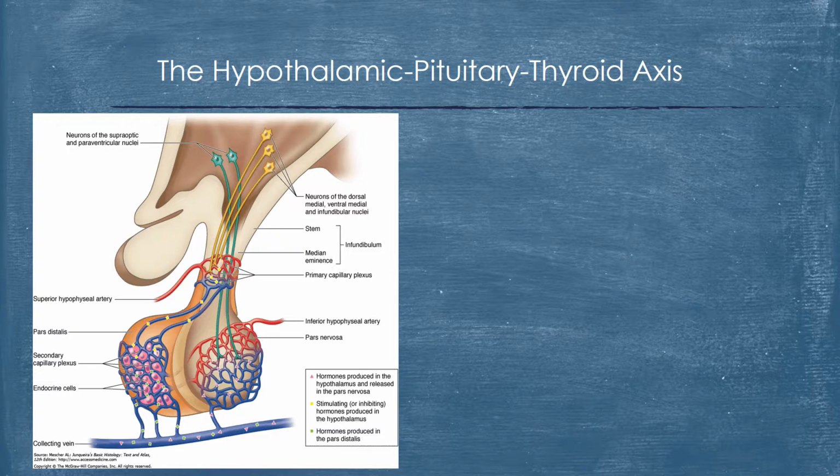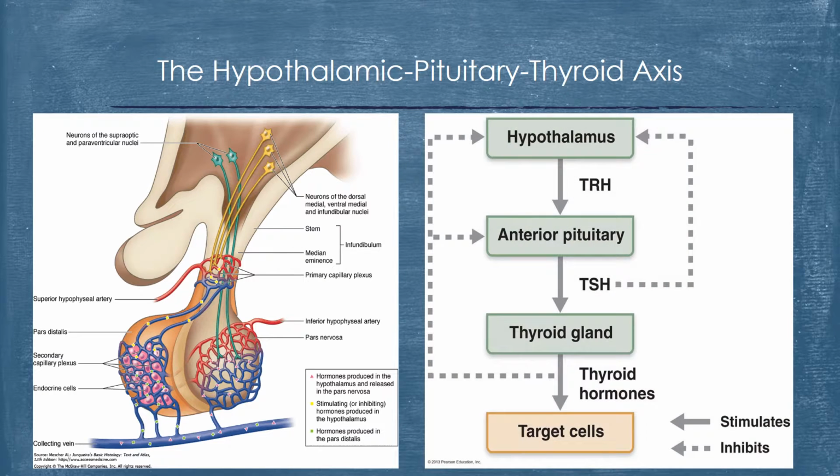The hypothalamus synthesizes and secretes TRH, which is thyrotropin releasing hormone.